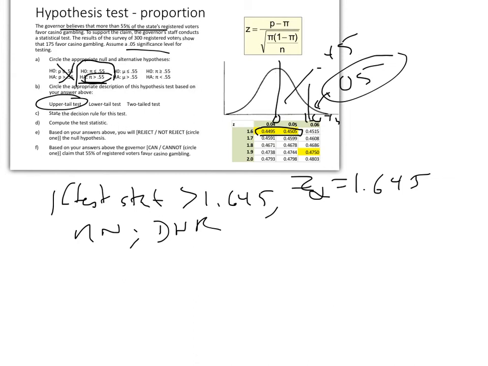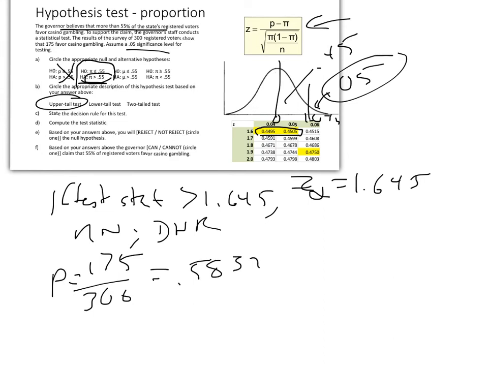Okay, compute the test statistic. We will use this formula here. Our sample proportion is 175 out of 300, which is equal to 0.5833.